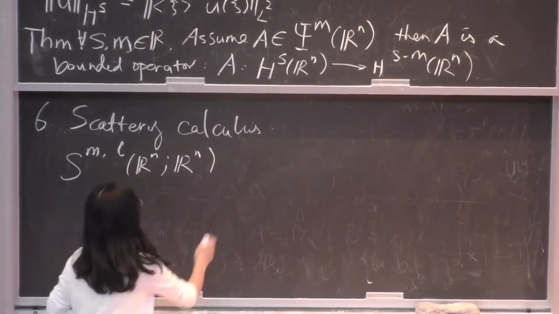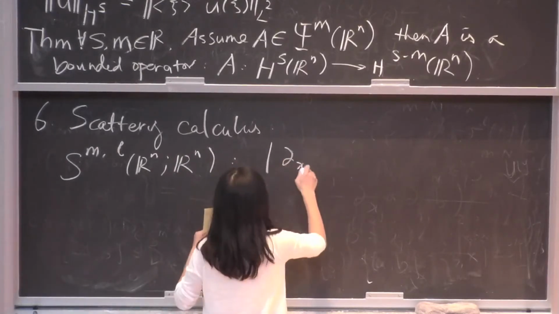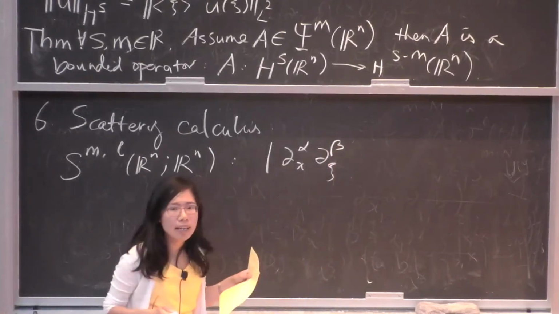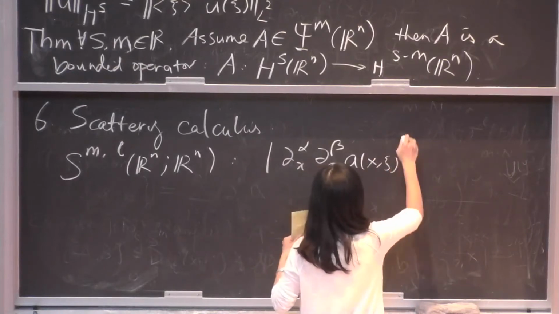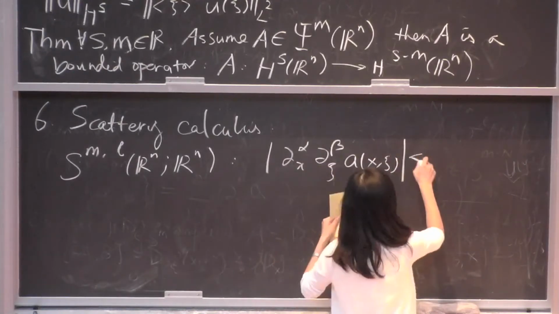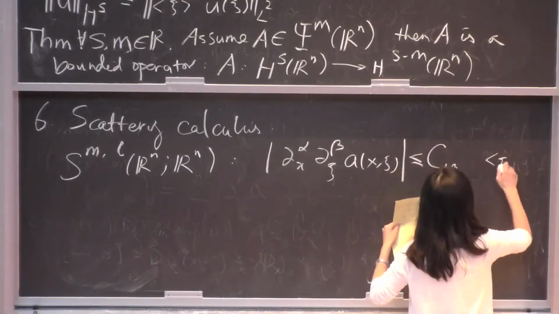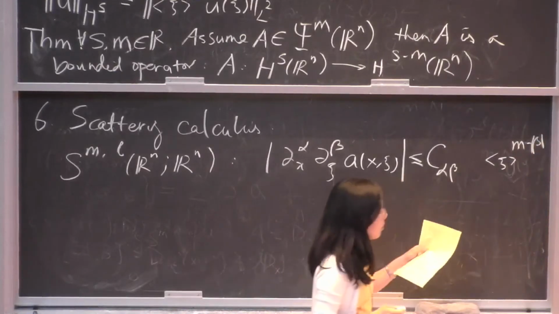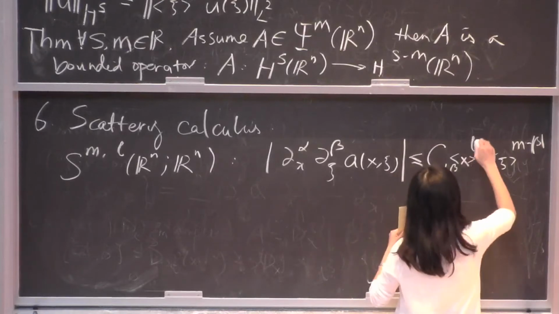These are C infinity functions such that if you apply the same kind of operation, applying dx and d psi derivatives on this function a(x, psi), it is less than or equal to C alpha beta. I still have a psi decay here, m minus order beta, but I also have an x decay here, so this is x to the l minus alpha.